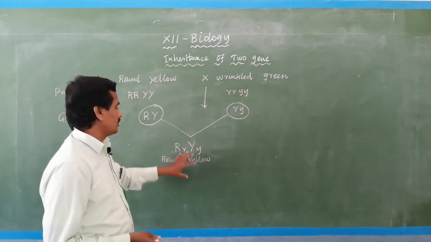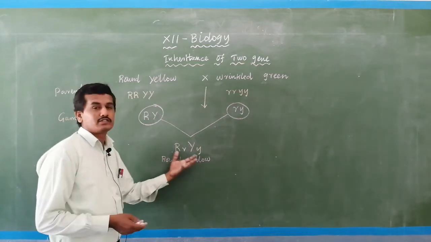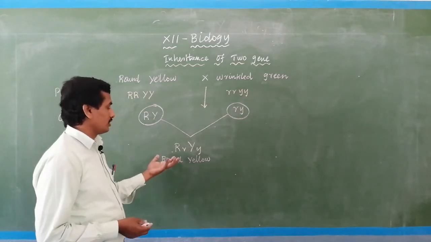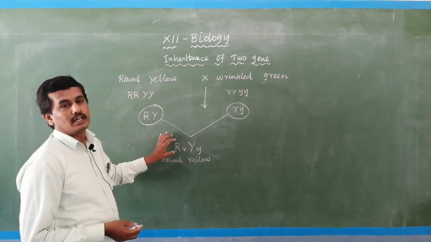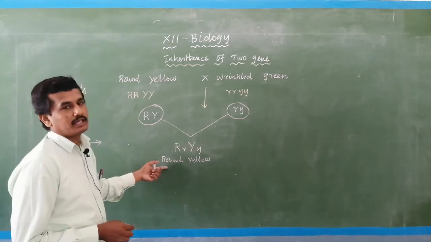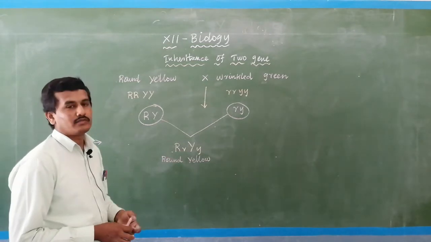It means you put the cross, and the phenotype is nothing but the external character. The plant is expressing round seeded plus yellow cotyledon. Okay, this is the phenotypic character. Round and yellow is the phenotype.